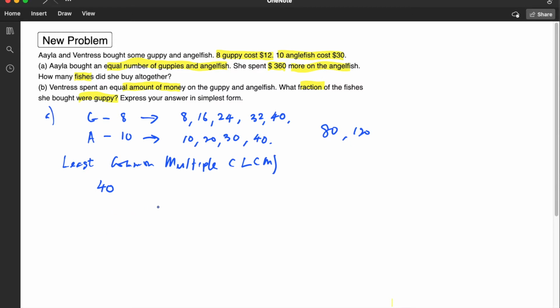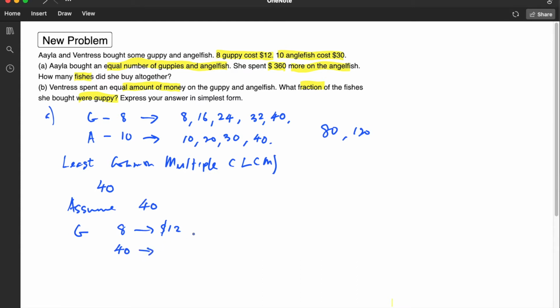So what we need to do next is to assume that the number of fishes bought for each is 40, and then we're going to calculate how much it costs. So for the guppy, 8 guppies cost $12. So what is the cost for 40?